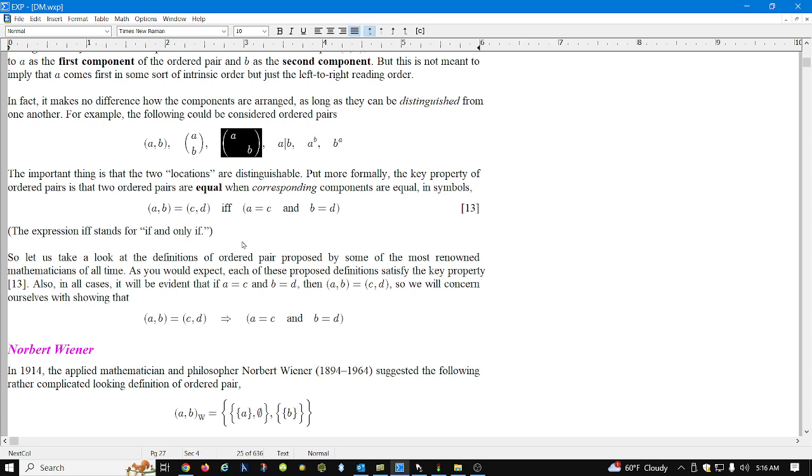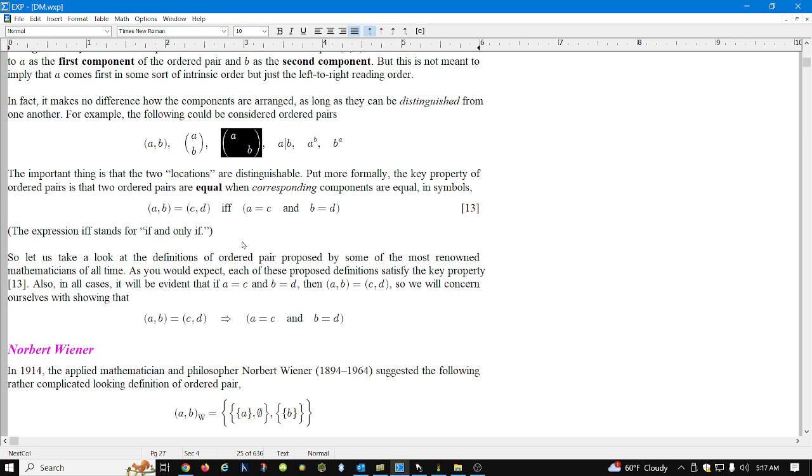Now comes what I think is the interesting part. There have been several proposed definitions for the notion of an ordered pair. And some of the most renowned mathematicians of all time, the most famous mathematicians, the sharpest guys, have proposed definitions.